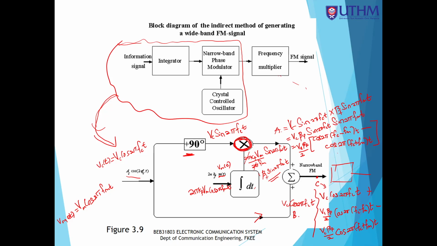So this is like amplitude modulation actually. Narrowband FM is similar to amplitude modulation, double sideband full carrier.